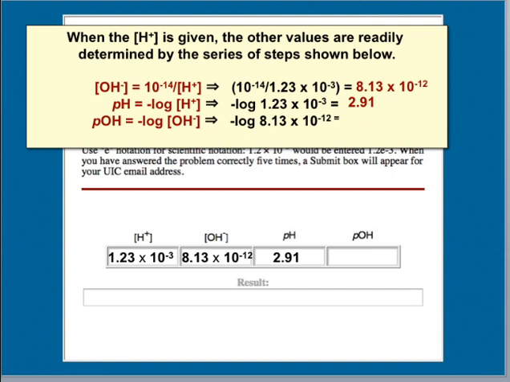And pOH, we could simply subtract 2.91 from 14, that works. Or you could take the hydroxide, that's this guy, type it in the calculator, hit the log button, change the sign, and the pOH is 11.09.